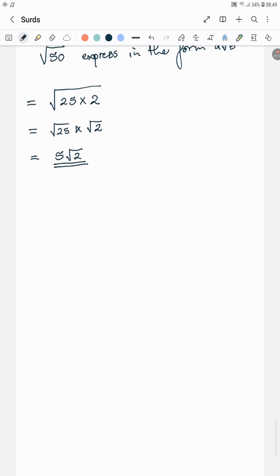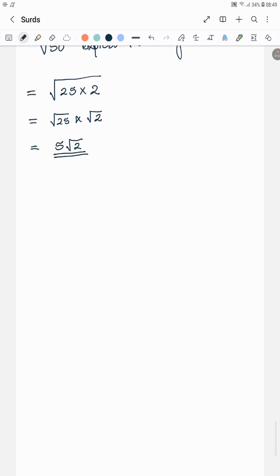You can also get a question that says root 80, express it in the form a root b.